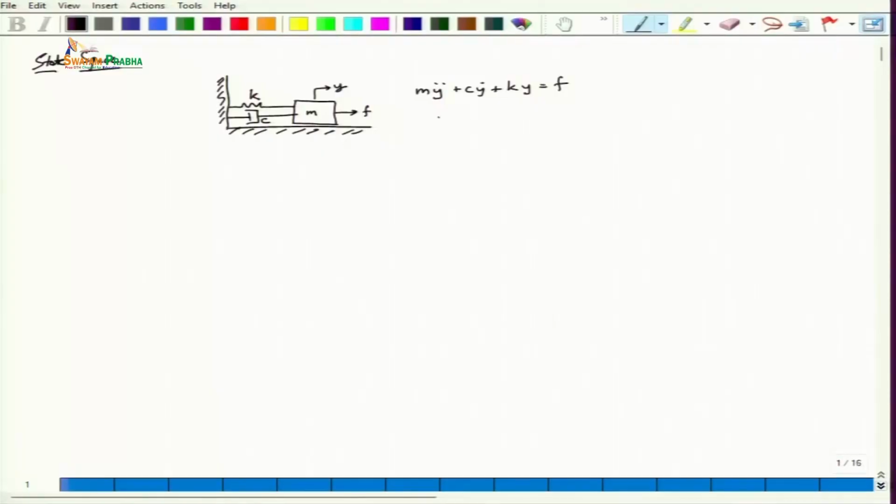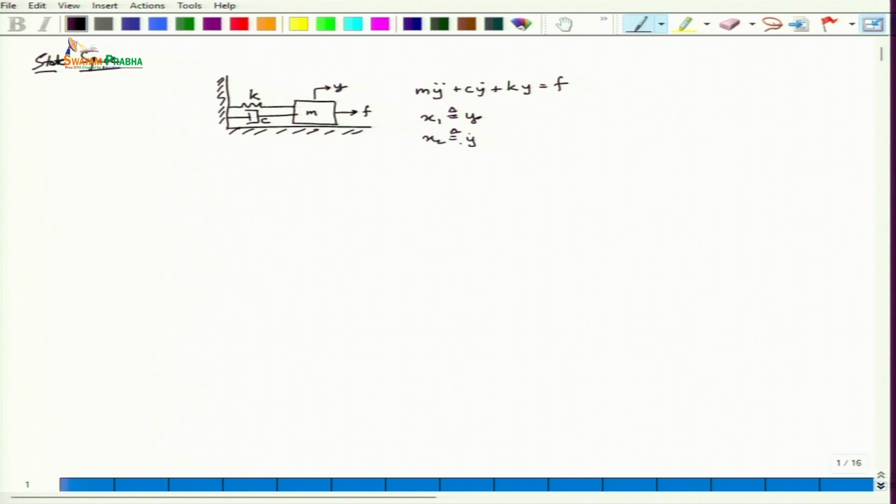So let us put this equation of motion into state space form. So let us define two states. The first one is the position y, and the second one is the velocity. So here we are selecting two states because this equation is a second order differential equation.